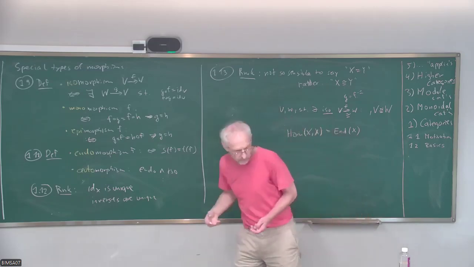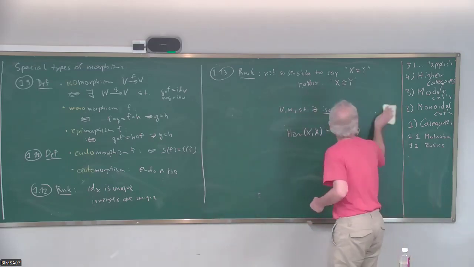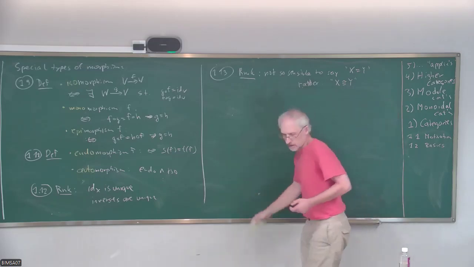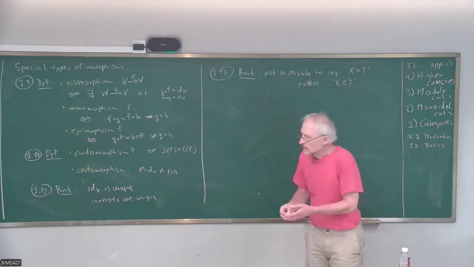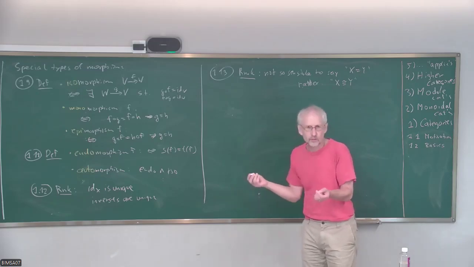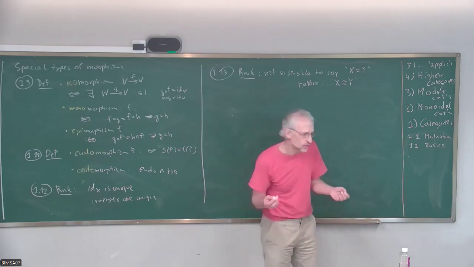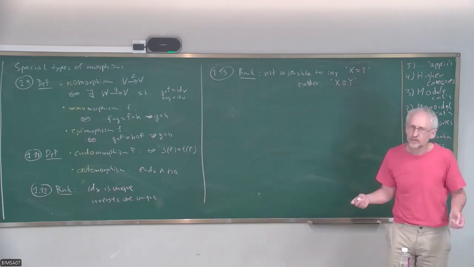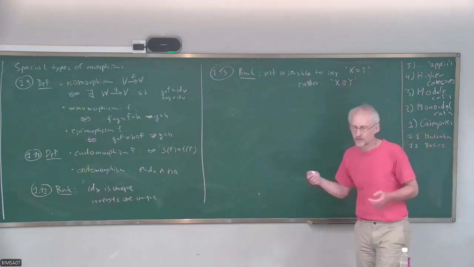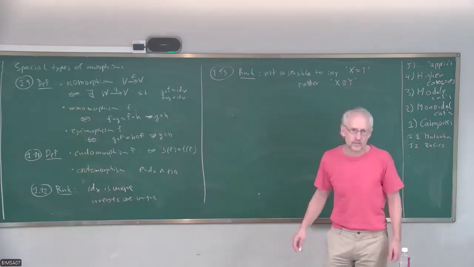And in particular, very often you deal with two objects which are isomorphic, so it doesn't really matter which one of them you are working with, but you have to keep track of the isomorphism in order to make certain statements.